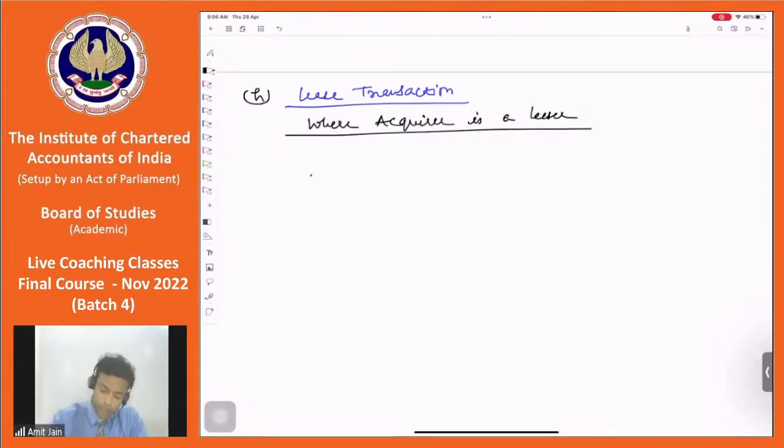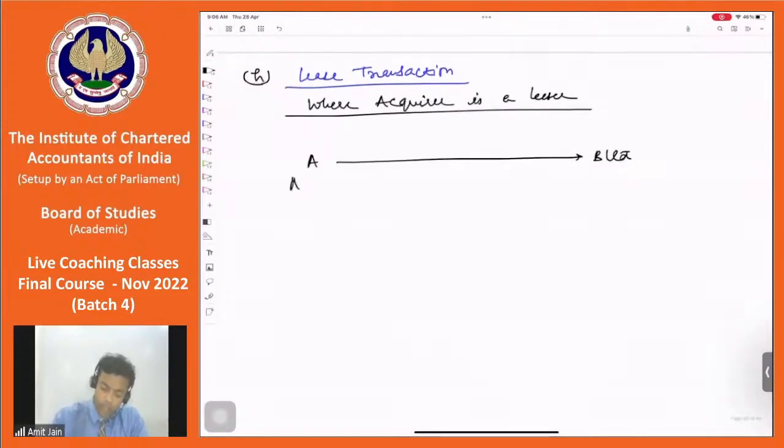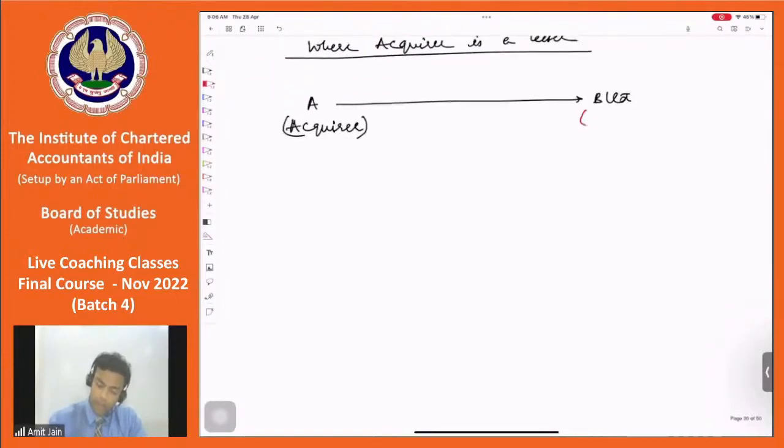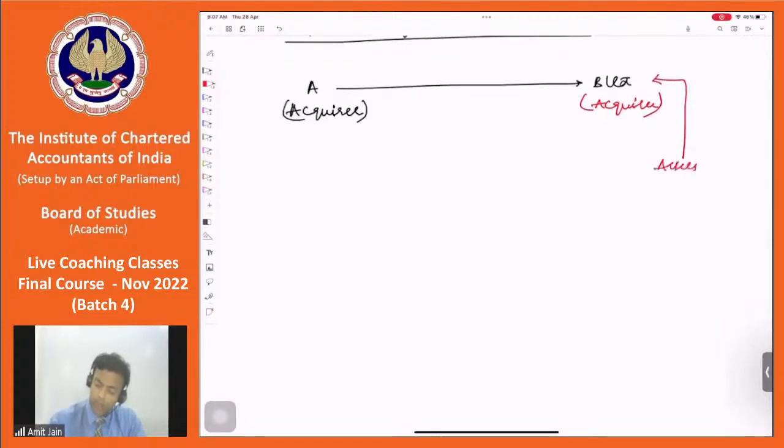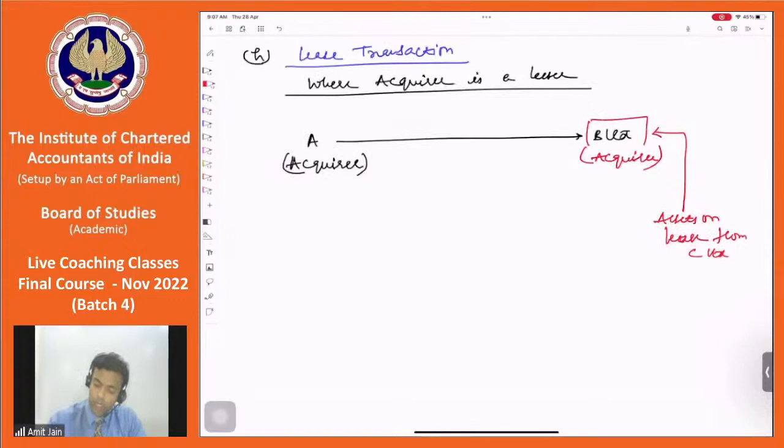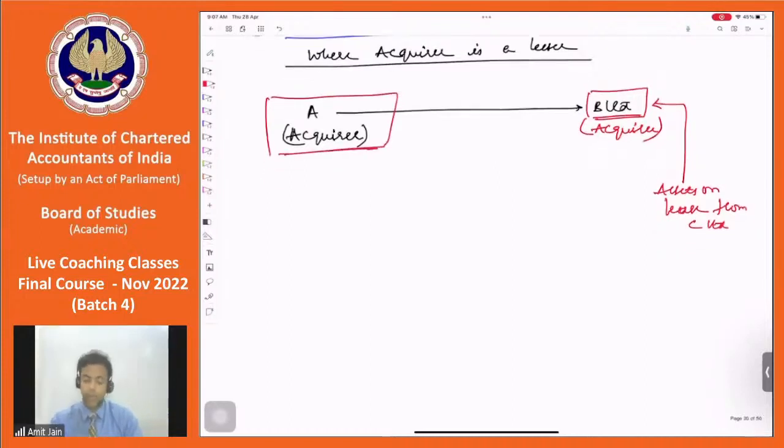For example, A Limited is the acquirer, B Limited is the acquiree. B Limited has taken assets on lease from C Limited, so B must be doing Ind AS 116 accounting in its books of accounts. What is A Limited required to do on the date of acquisition?